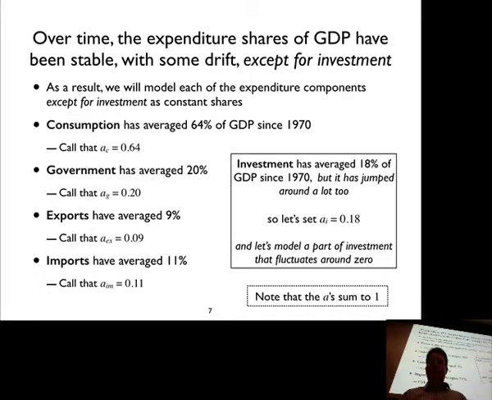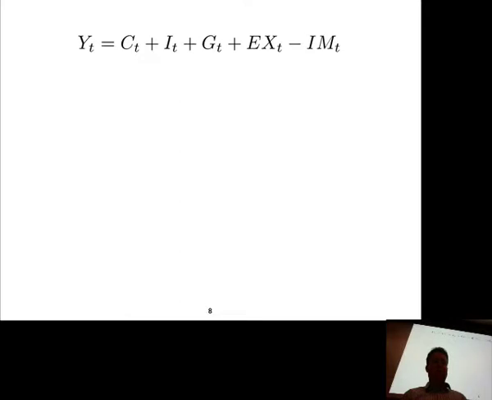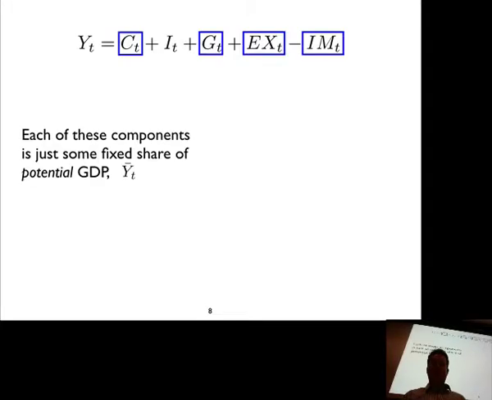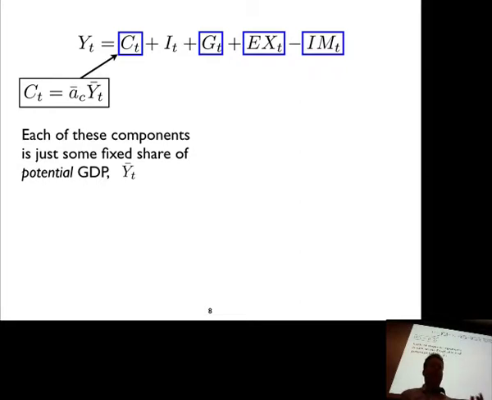So where we're going to start here is to think about these different components of GDP as fairly well modeled in the baseline as constant shares of potential. So this math states that consumption at a point in time is equal to the long-run consumption share, 0.64, that's a-bar-C, times potential GDP at time t.